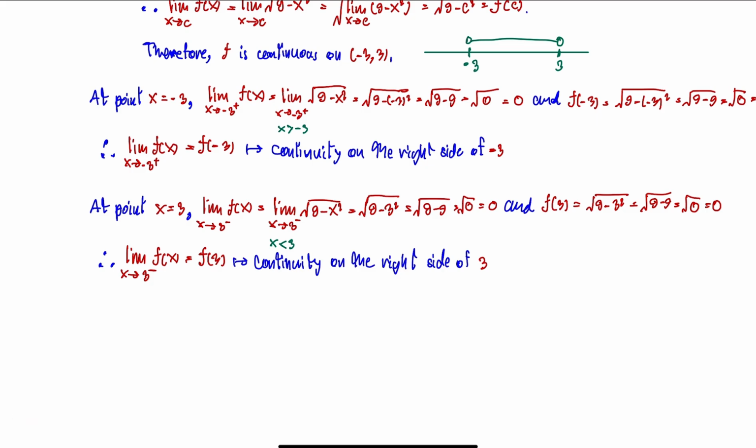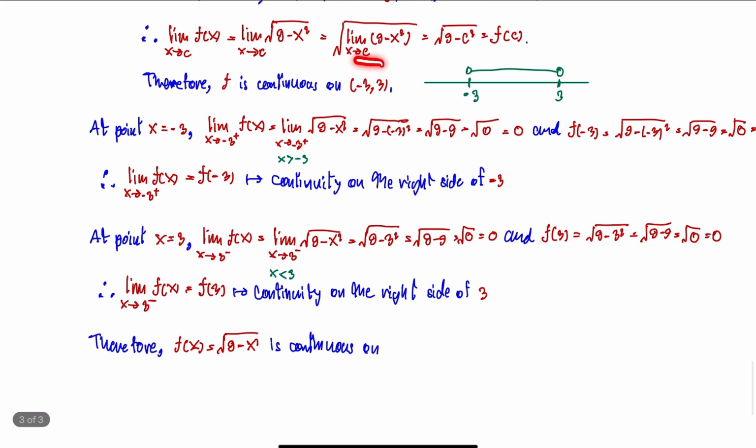Okay, so therefore our function f of x equal to the square root of 9 minus x squared is continuous on where? We already have continuity on the open interval from minus 3 to 3.